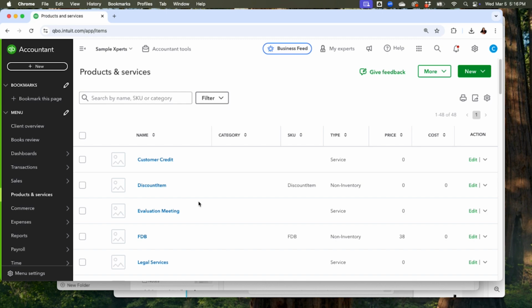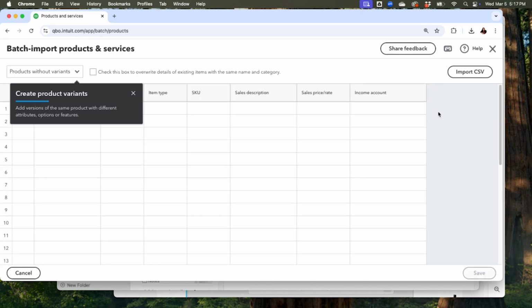So before you integrate with Square, you want to go into Square and export your products and service into a CSV file. And then here, you're going to click on New, and you're going to go ahead and choose import, batch import.